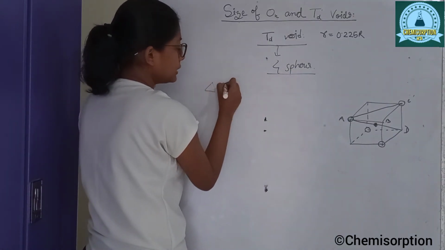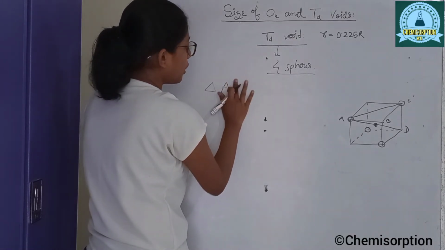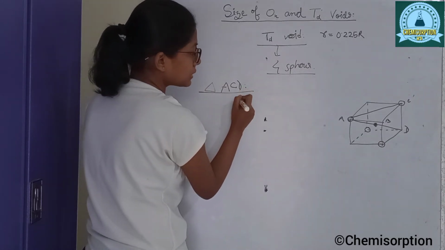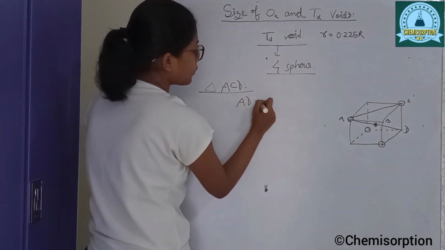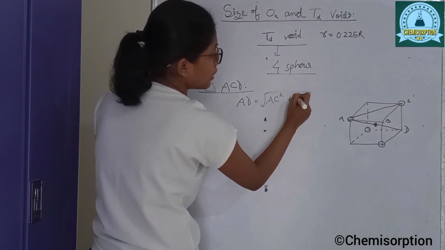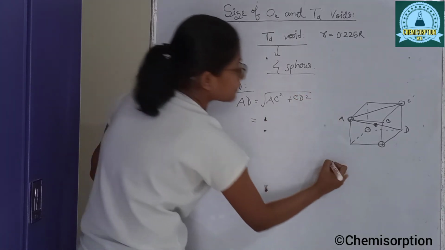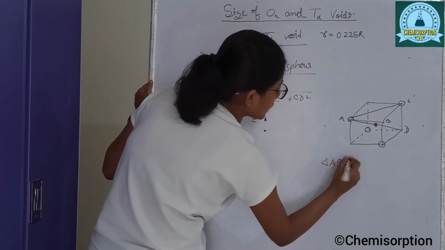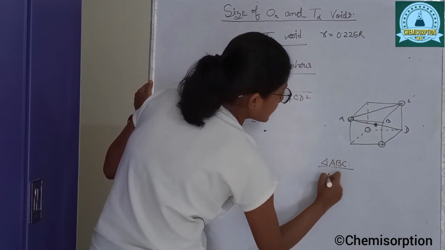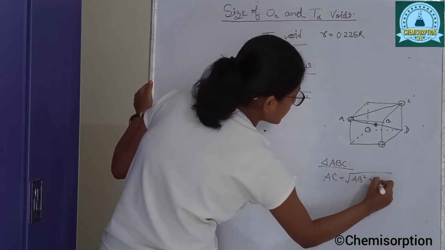Now from triangle ACD, we know that AD is equal to root over AC square plus CD square, and from triangle ABC, AC is equal to root over AB square plus BC square.